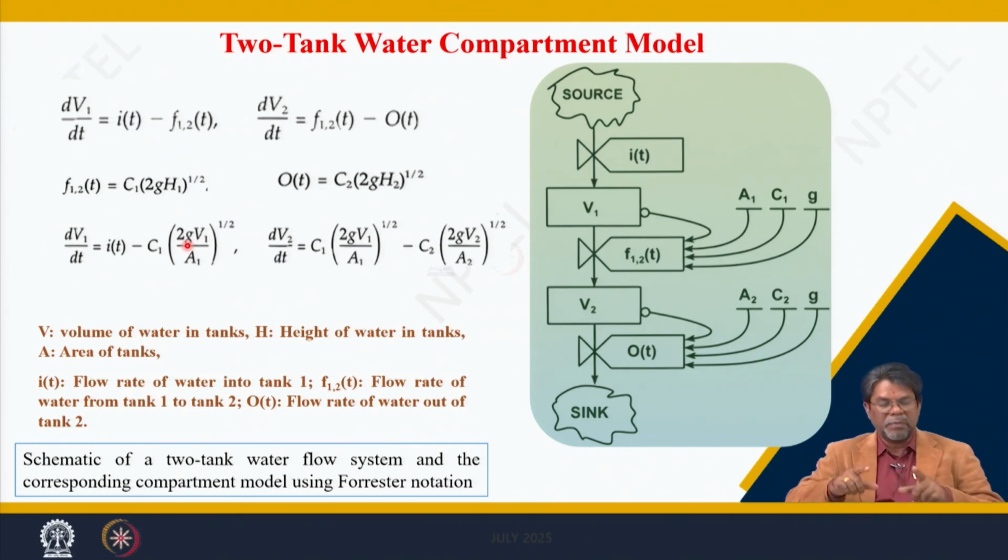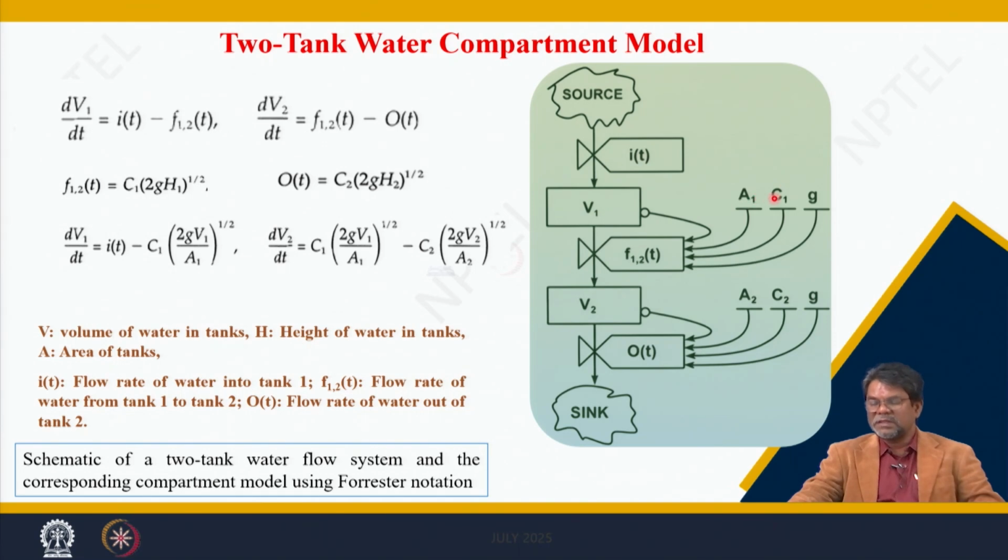So, these are the parameters that affect the rate of flow. The rate of flow from tank 1 to tank 2 is influenced by C1, g, V1 and A1. So, this is how they are represented using these symbols.